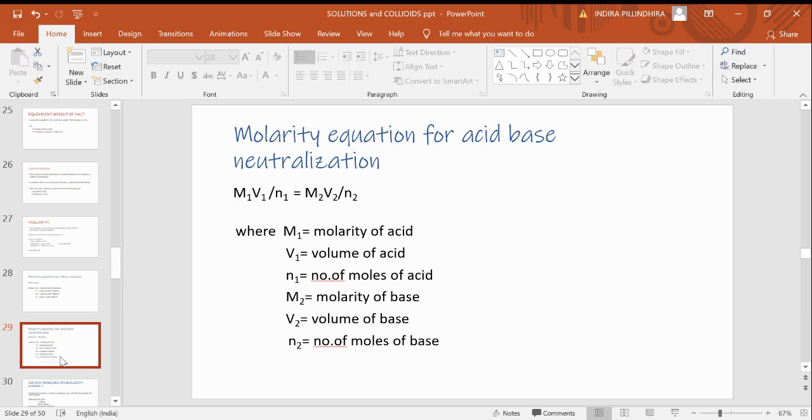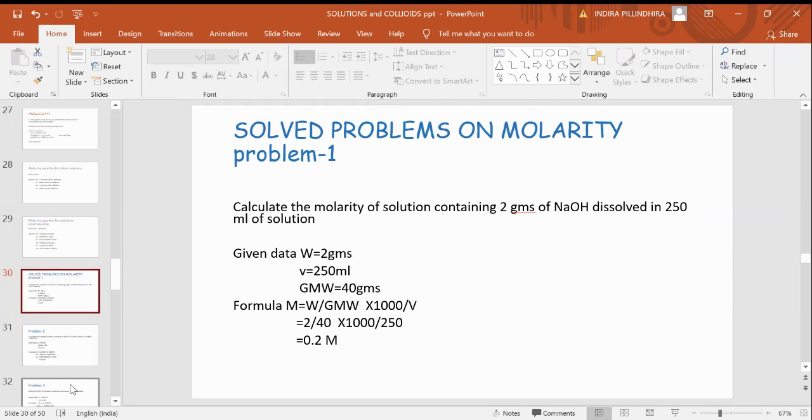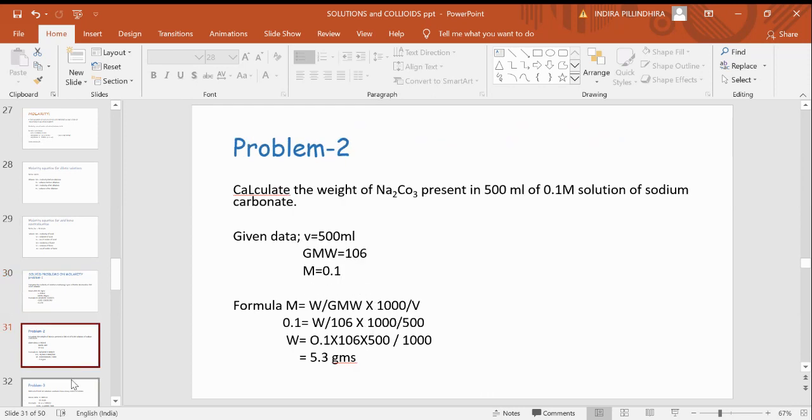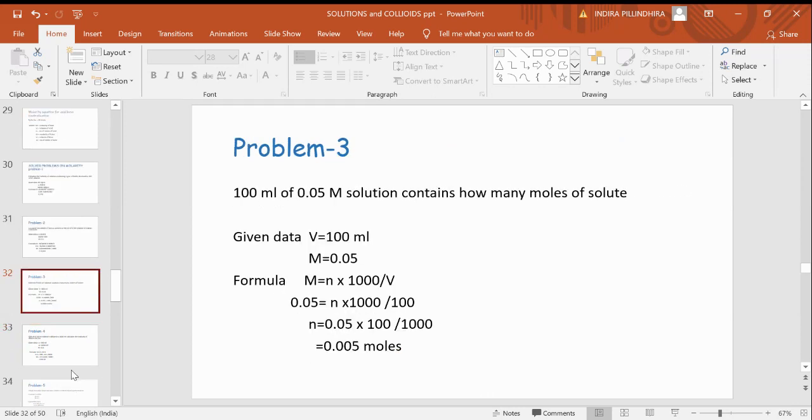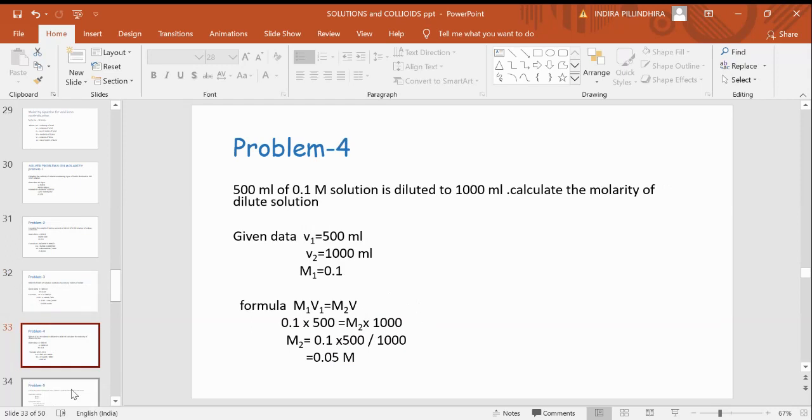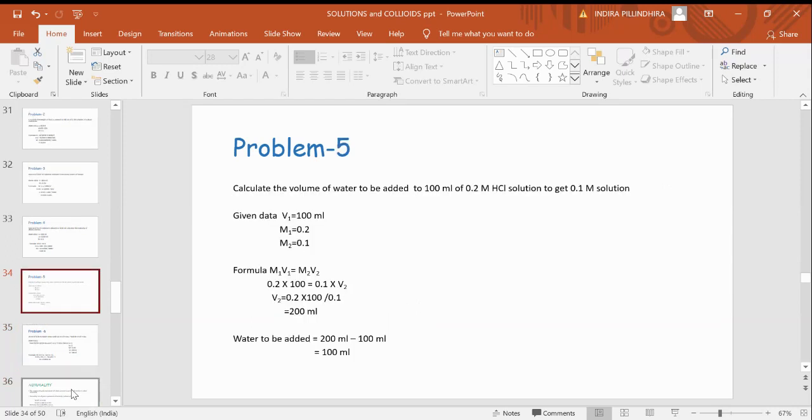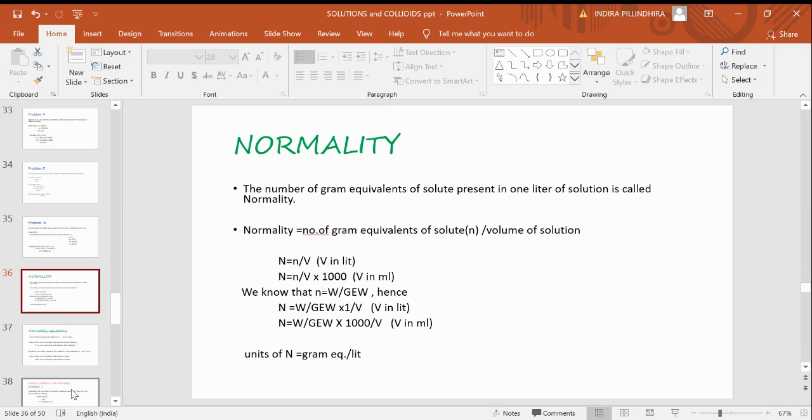After that, we have seen many solved problems on the molarity, some 5 to 6 problems. This is the first problem, second problem, third, fourth, fifth. Five problems we have seen. After that, we have seen what is normality, another way of expressing the concentration, and the expression for the normality.